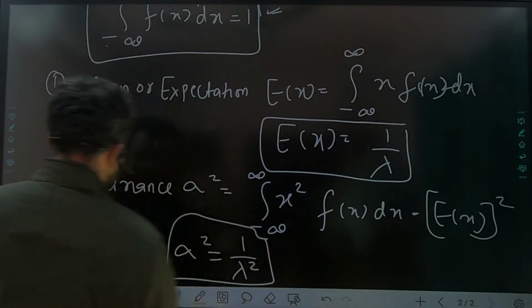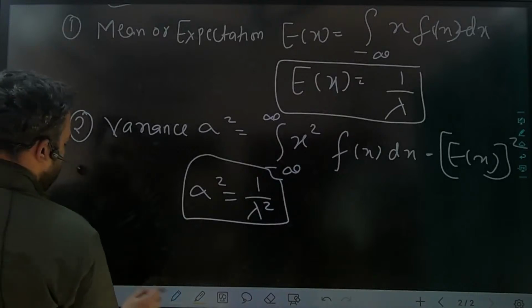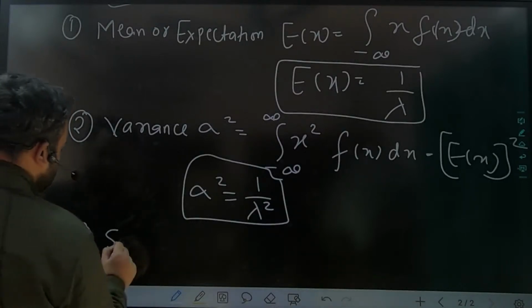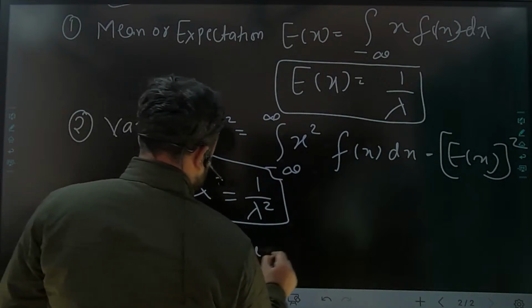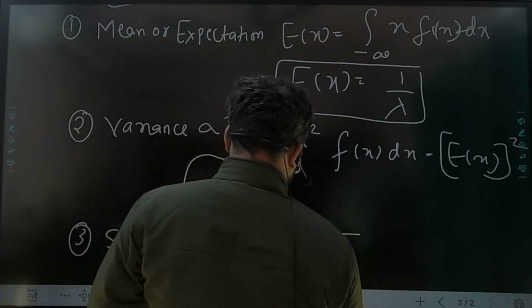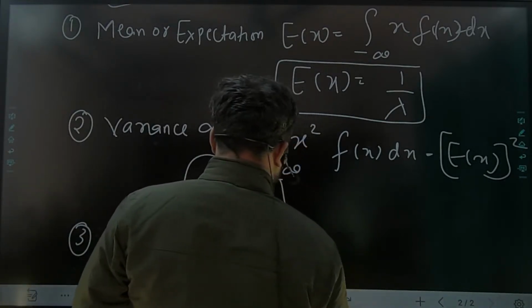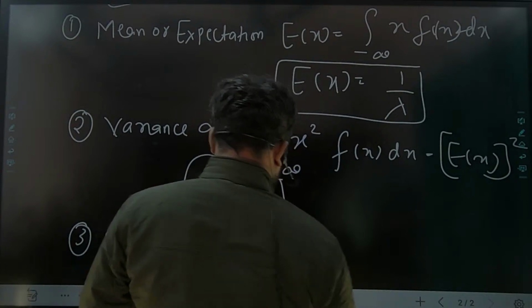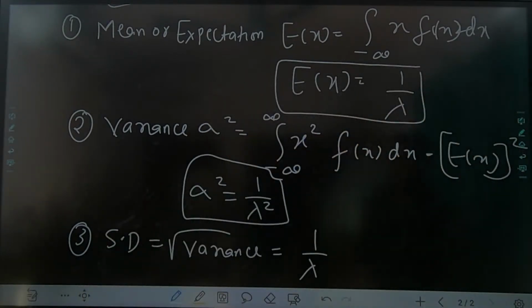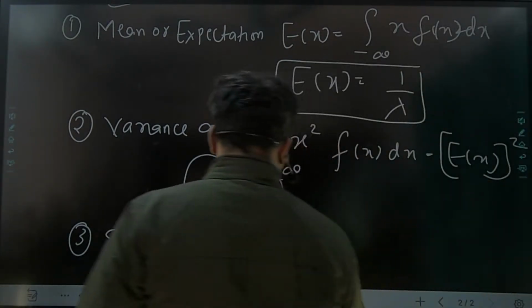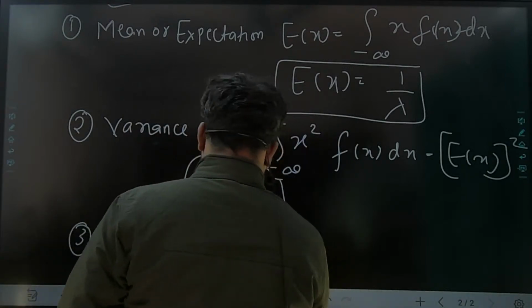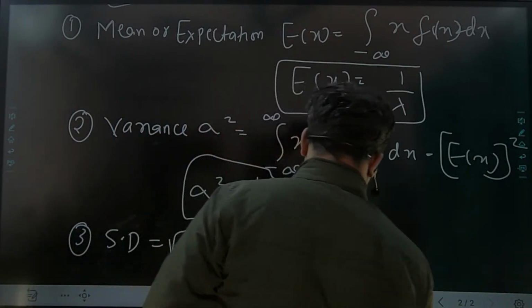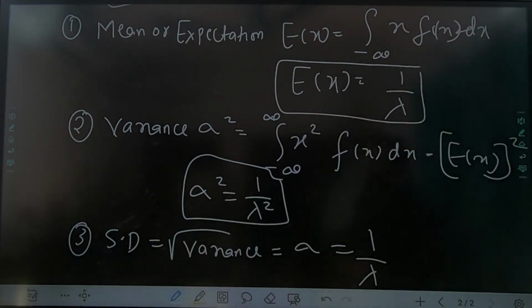Once you know this, the standard deviation is the root of the variance, so it is 1 upon lambda. The standard deviation is nothing but sigma, which is 1 upon lambda. So variance is 1 upon lambda square, and standard deviation is 1 upon lambda.